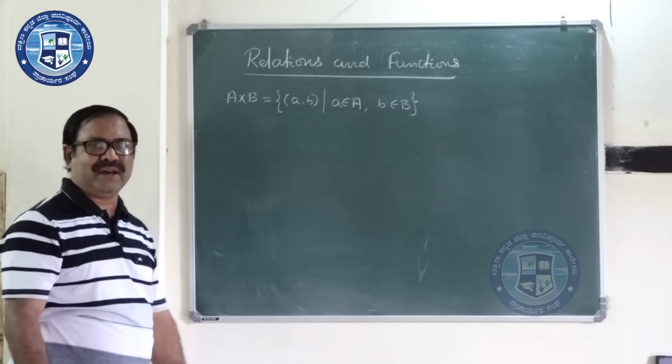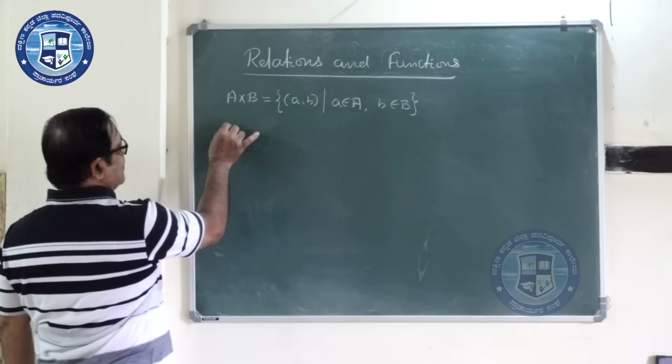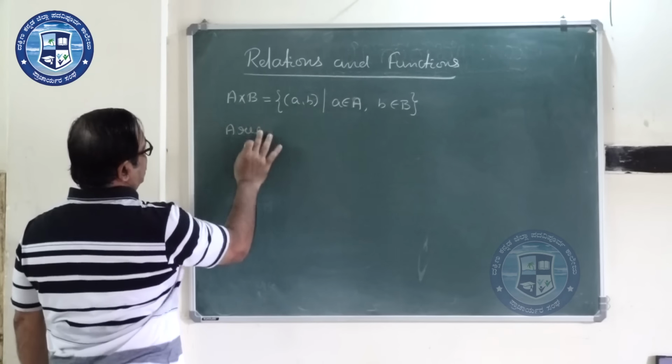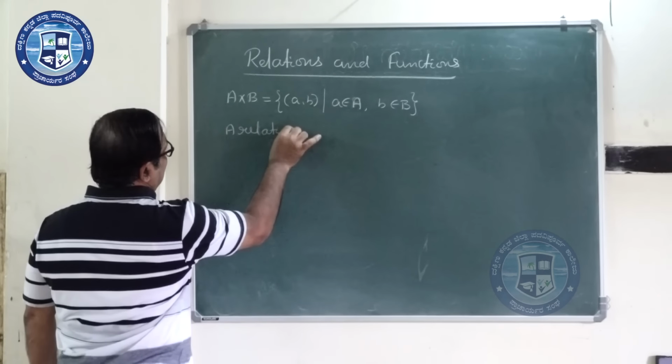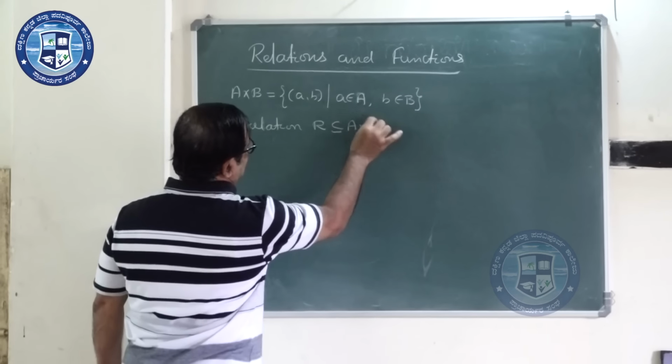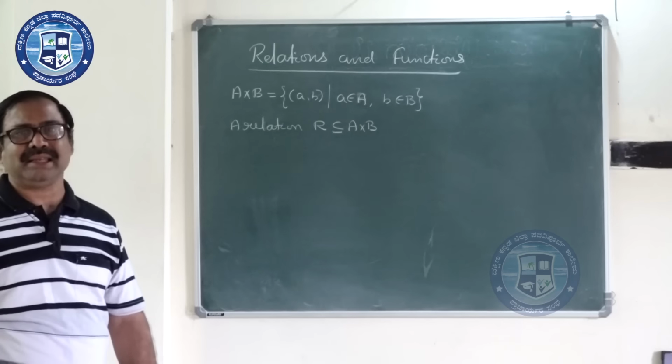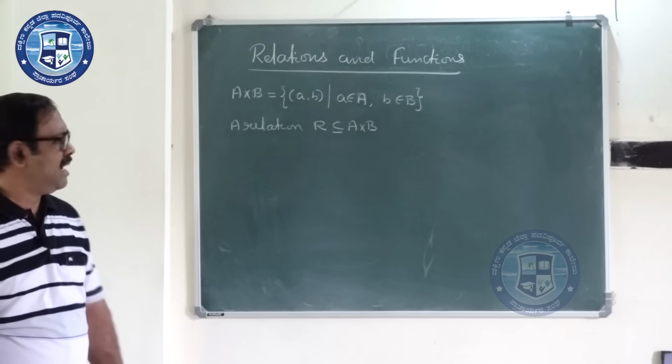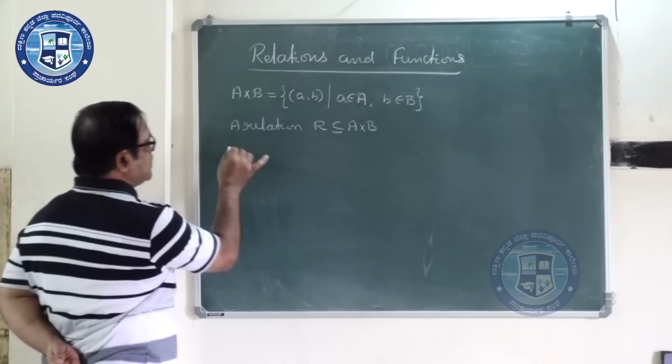Now, as far as relation is considered, we have already studied this. A relation R is a subset of A cross B. I will just give you one simple example.